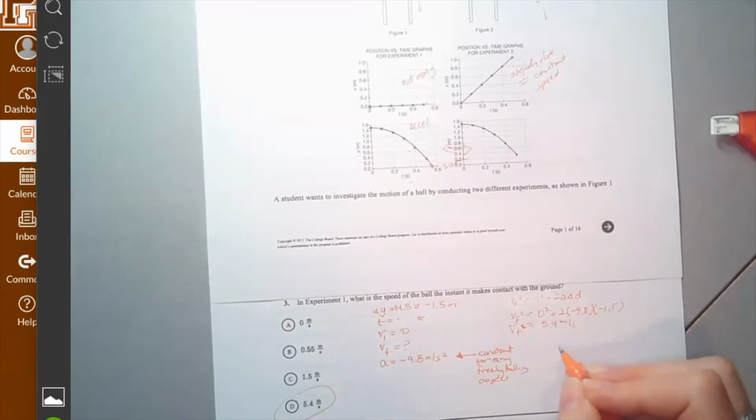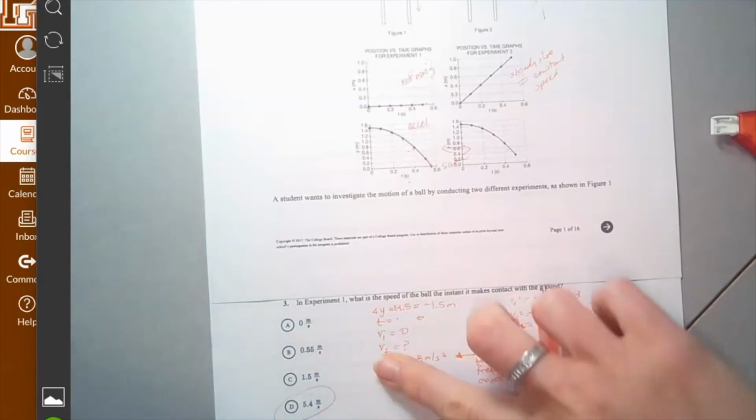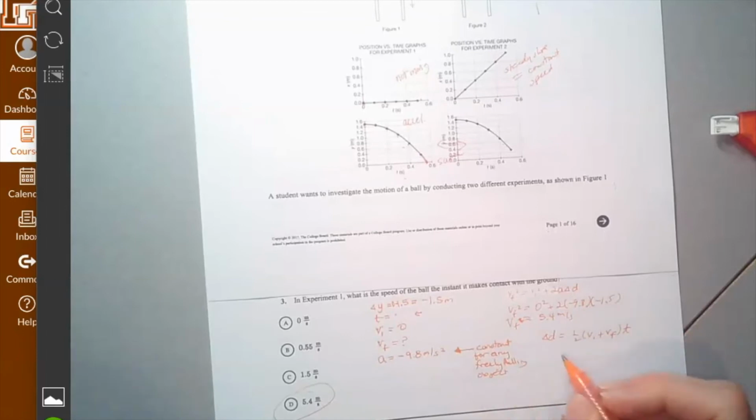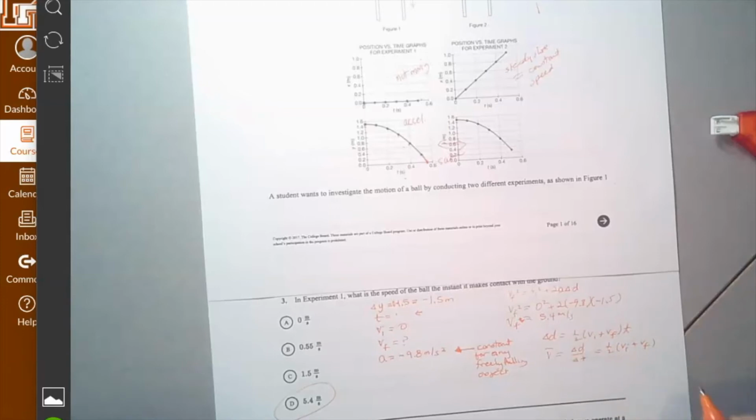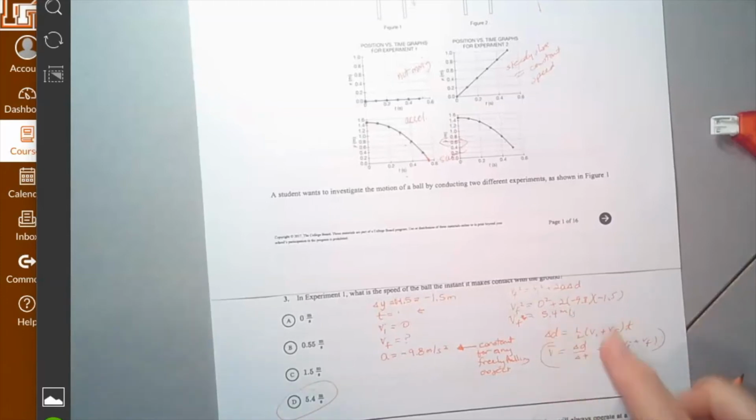Now, what if we used the time? Let's check that method as well. To find final velocity, leaving out acceleration, we use this equation. This is an equation that's not on your equation sheet, but look where it comes from. V average equals delta D over delta T, where V average is 1/2 V initial plus V final. That's what an average is, so you can put those together and get that.